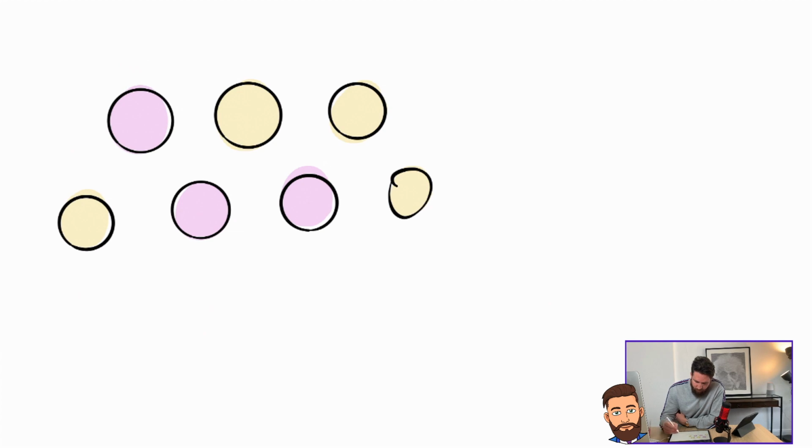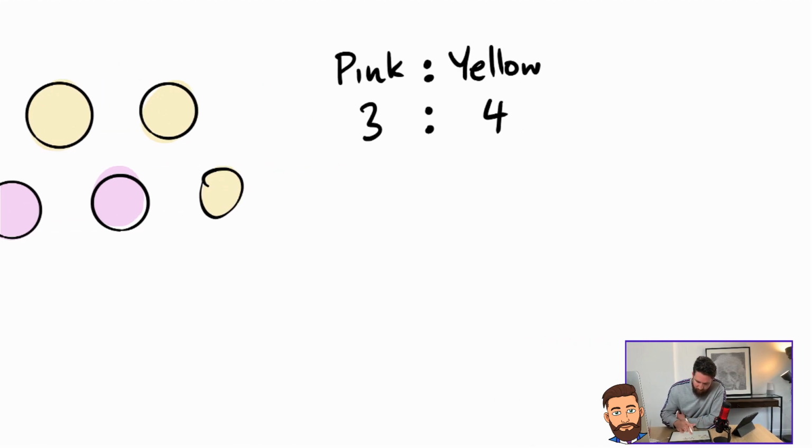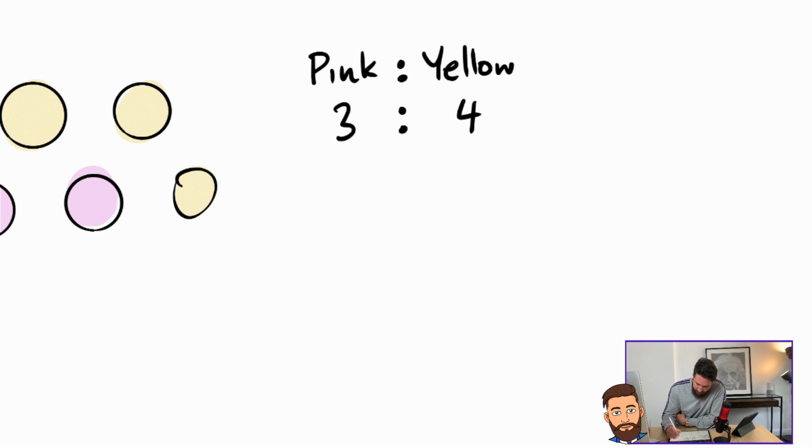We would turn this into a ratio by writing the ratio of pink to yellow counters would be, well, there are 3 pink ones and 4 yellow ones. Here, what I like to do is add a total column, which we'll get to in the next page. And the total here is 3 and 4 would be 7.